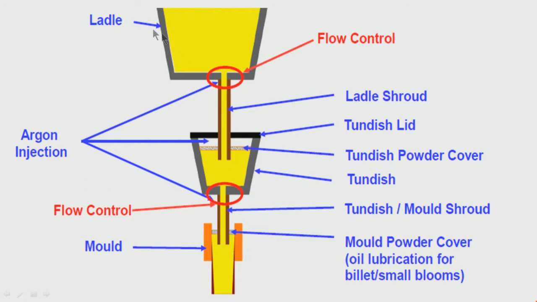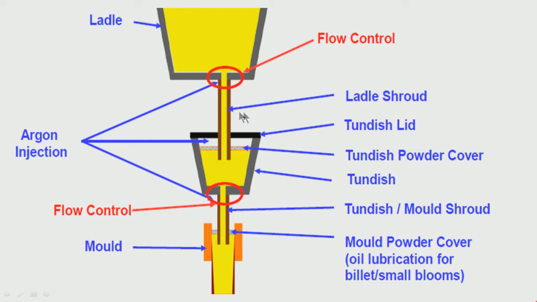Then I talked about when liquid steel is coming from the ladle to the tundish, there at the exit of the ladle there is a flow control device. So, when liquid steel is allowed to come through this flow control device, argon injection is necessary, as I had mentioned. There has to be a ladle shroud, a refractory shroud, as well as argon injection to control reoxidation. That means no oxygen pickup and no nitrogen pickup should be there. That means the air ingress has to be stopped, controlled to whatever extent it is possible.